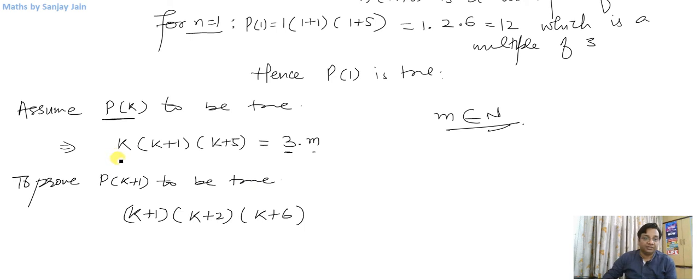What I have done is, I have replaced every k here with a k plus 1. So to prove P of k plus 1 to be true, this product k plus 1 into k plus 2 into k plus 6 should be a certain multiple of 3, let us say lambda here. This is what we need to prove using this equation here.